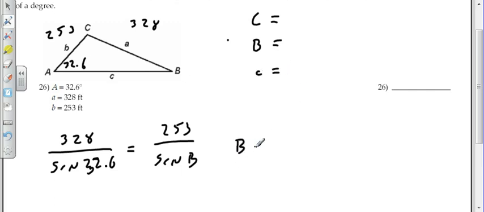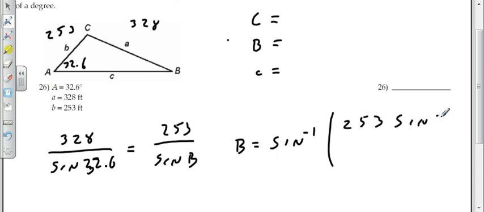B is the arc sine of 253 sine 32.6 divided by 328. Okay, so arc sine, got it, 253 times sine 32.6 divided by 328, close parentheses, and I've got 24.5. I'm going to make it 24.6.